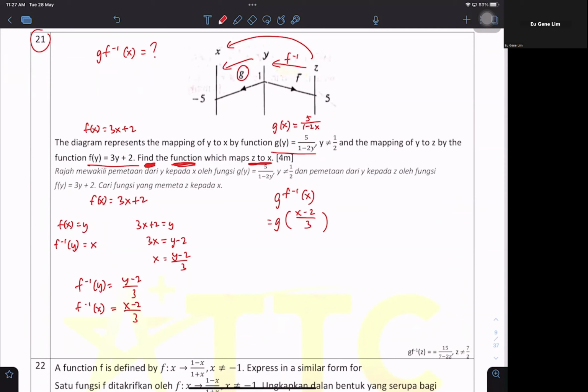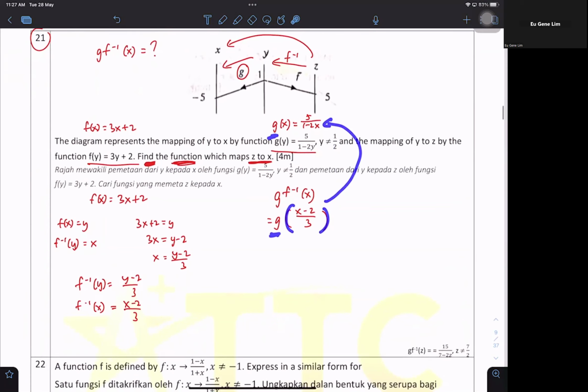Then substitute. Back to the basic of function already. Substitution: take the bracket and sub into the x. This bracket belongs to g, so sub into the function g. Function is always take bracket sub into x.